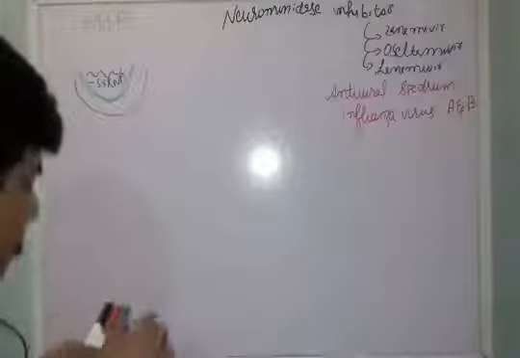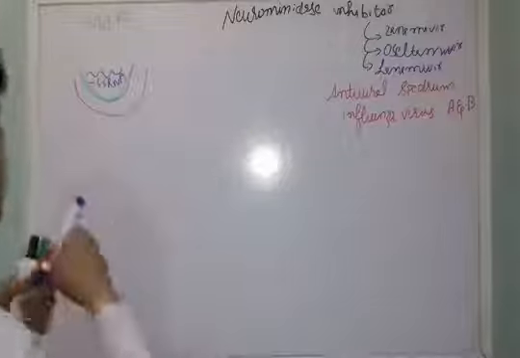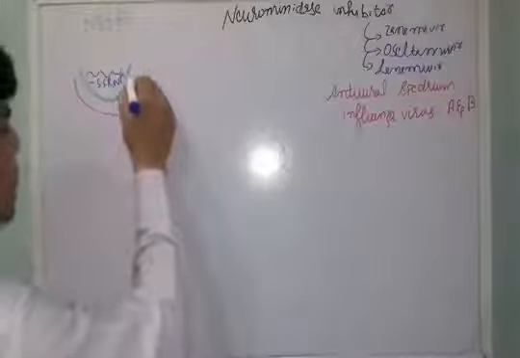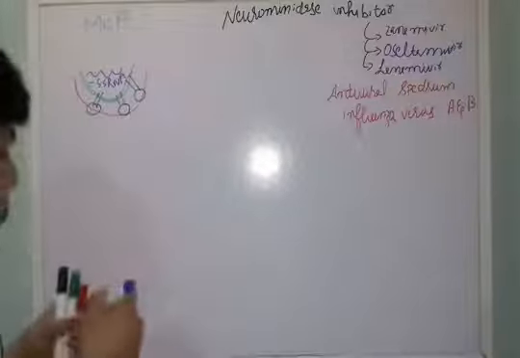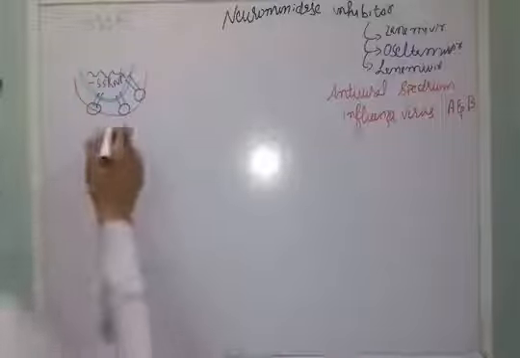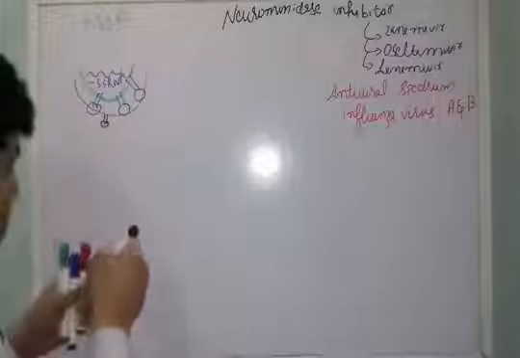Fine. Now there are some protein channels, which we usually call M2 proteins. And now this black one represents what? This black one represents the neuraminidase enzyme.